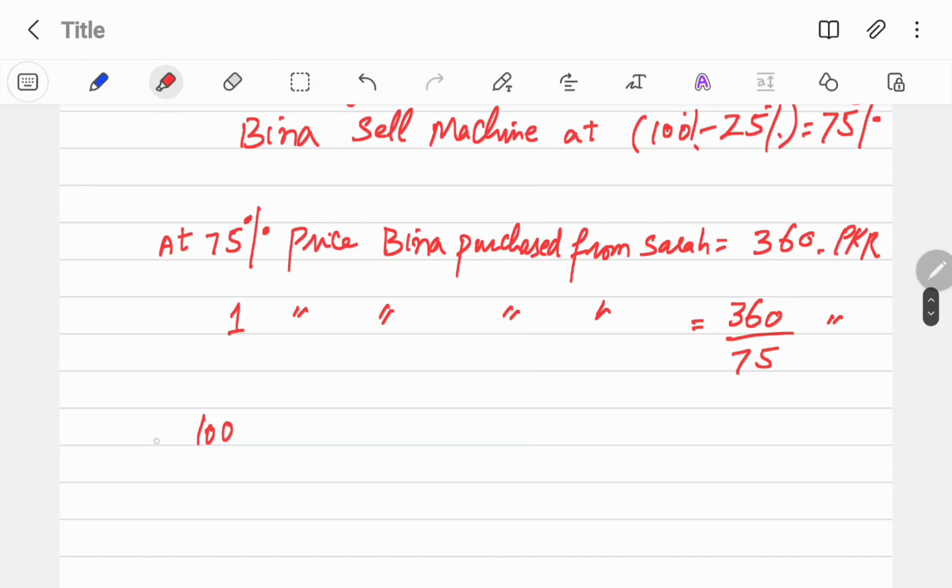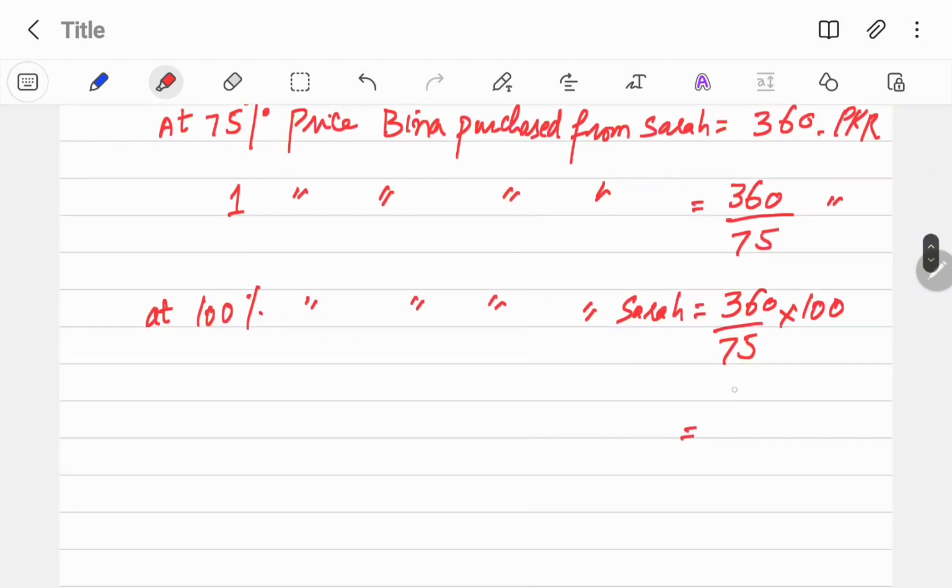At 100% price Bina purchased from Sara, it will be 360 divided by 75 into 100. 25 3 times are 75 and 4 times it will be 100. 3 1s are 3 and 3 2s are 6 and 0. इसको मल्टीप्लाई करेंगे, it will be the 480.